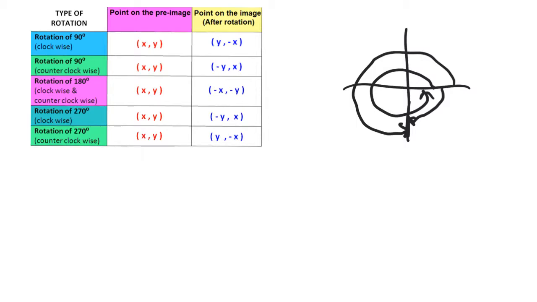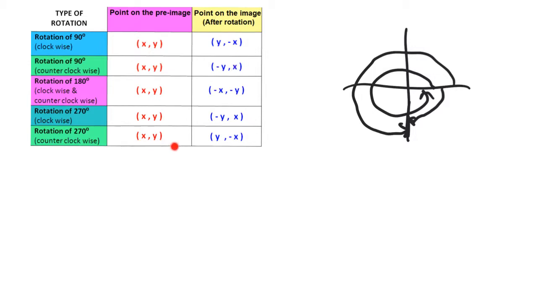So if this is 90 degree clockwise rotation, 270 degrees counterclockwise rotation is going to put it in the same spot. So that's why you're going to see stuff that looks the same. So on a clockwise rotation of 270, it looks exactly the same as a rotation counterclockwise of 90 degrees because it puts it in the same spot.